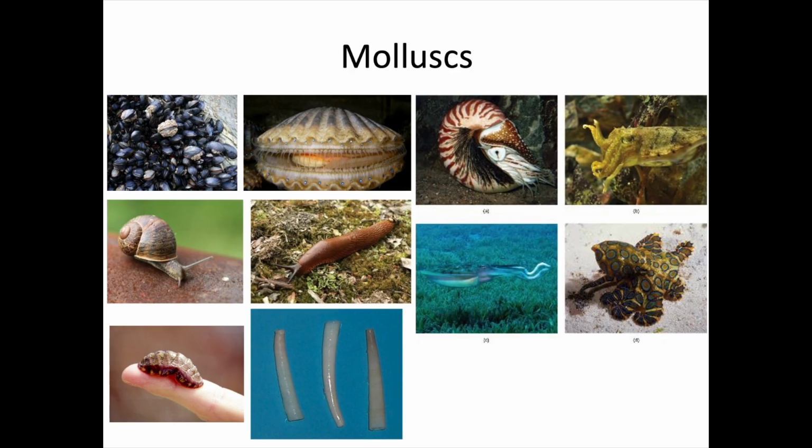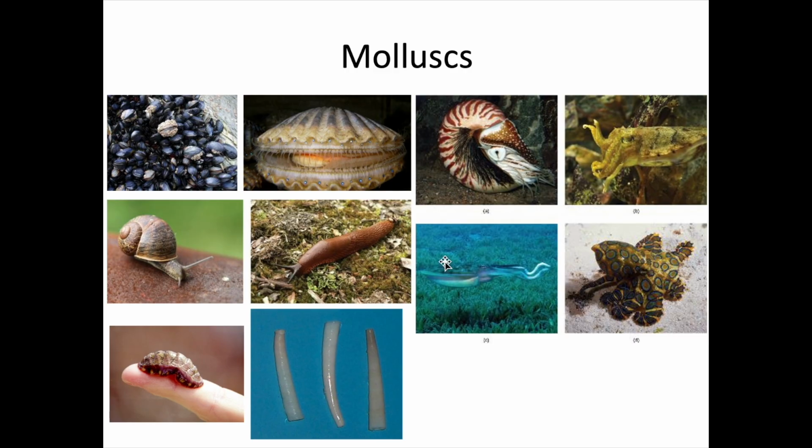So it might be difficult to try to nail these things down, to identify some feature that they all have in common, because compare a slug to a nautilus, or a mussel or scallop or oyster to an octopus.